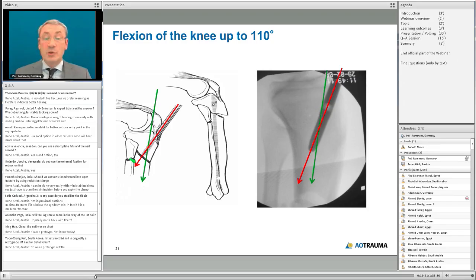So it threatens to perforate the dorsal cortex with an additional fracture as a result. So here it's clear that we need more flexion of the knee joint in order to be able to insert the nail more in line with the endomedullary canal, and this is shown by the green line in the drawing and in this intraoperative lateral view.